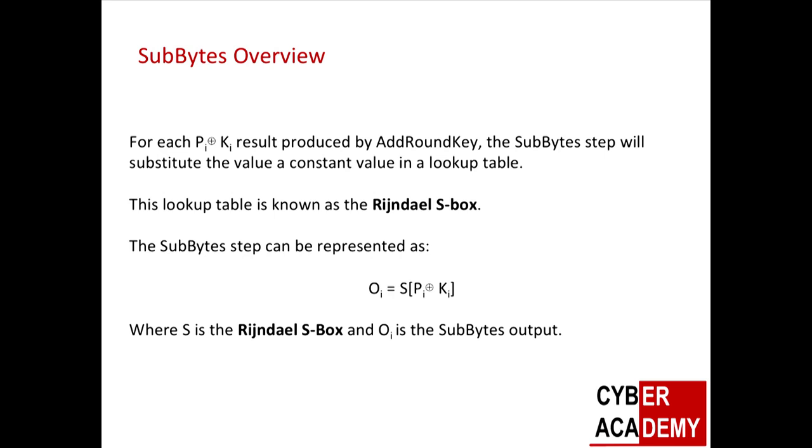The sub-byte step itself can be represented in the equation I've presented in the slide here, where S with the open and close brackets simply expresses a lookup on Rijndael's S-box. And from the sub-byte step, much like add round key, there will be 16 outputs, one for each of your plaintext and key value pairs.